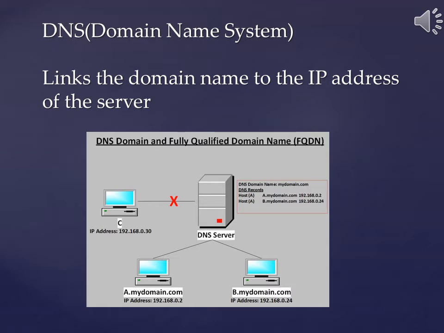Remembering a name is better, right? So we have to name our web app, and naming that web app is not that easy. We should link our domain name to the IP address of the web app, and that is done by DNS, the domain name system. DNS servers are spread worldwide, and they can link our domain name to the IP address of our server.